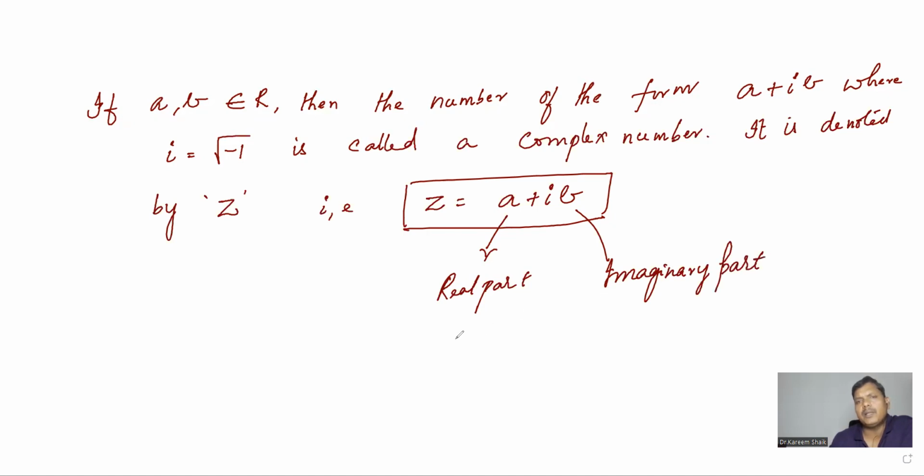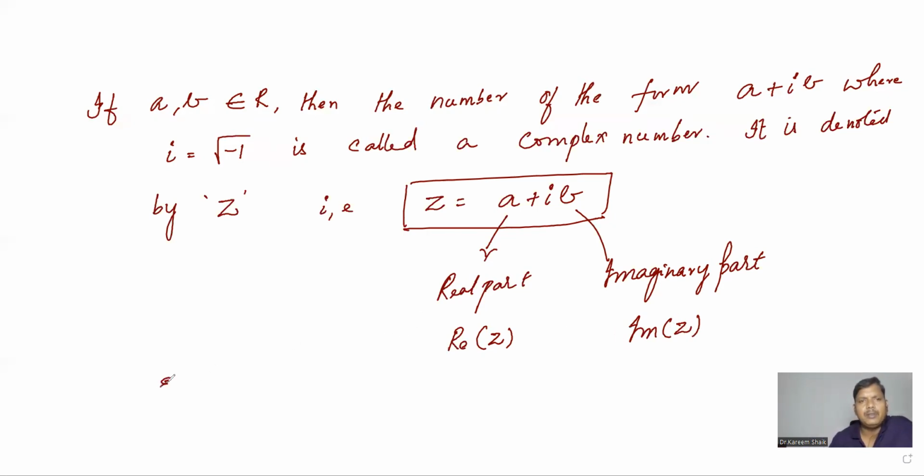The real part of a complex number can be written as Re of z, and the imaginary part can be written as Im of z. Please remember, Re of z means the real part of the complex number, and Im of z means the imaginary part.